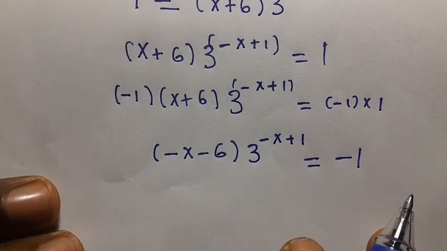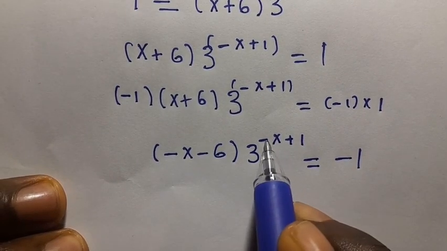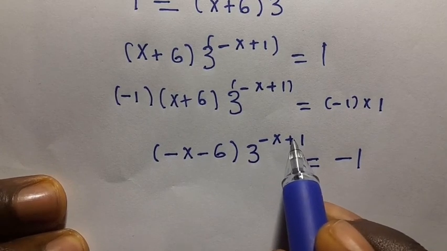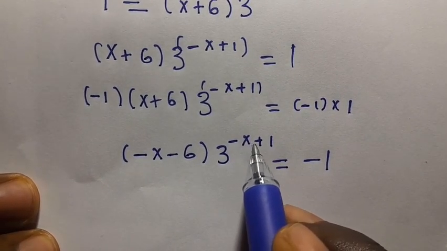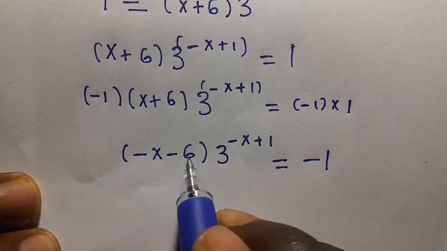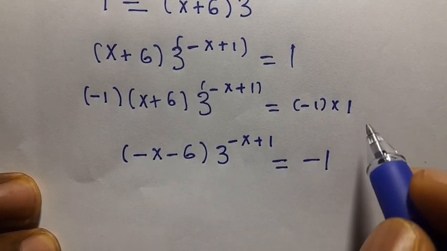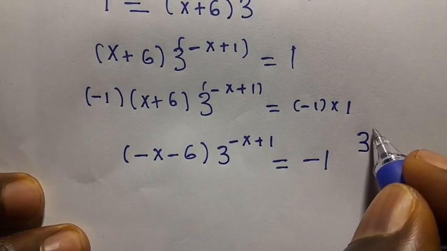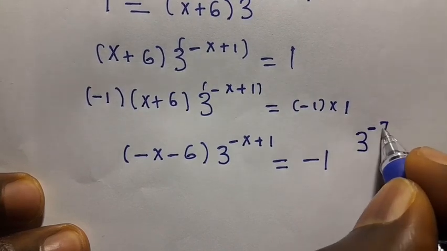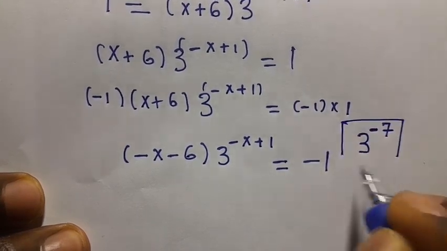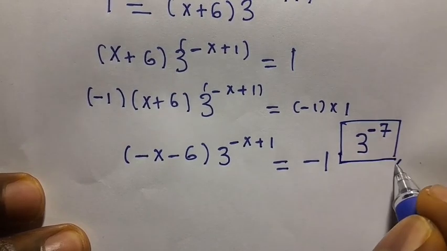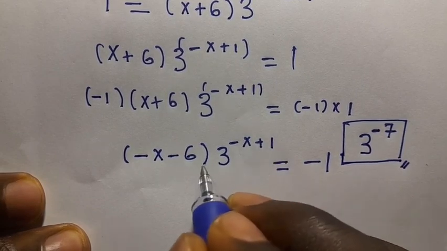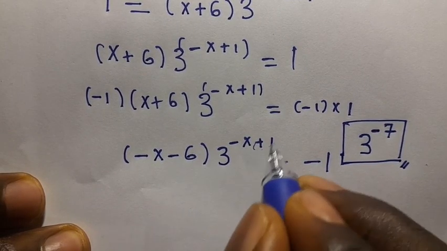Now also likewise, we have this one to be minus x, this one is minus x, fine. But we have this one to be minus 6, this one to be plus 1. So because we have to make this one also to be minus 6, let's multiply through by 3 raised to power minus 7, in order to make this one have minus 6 here.